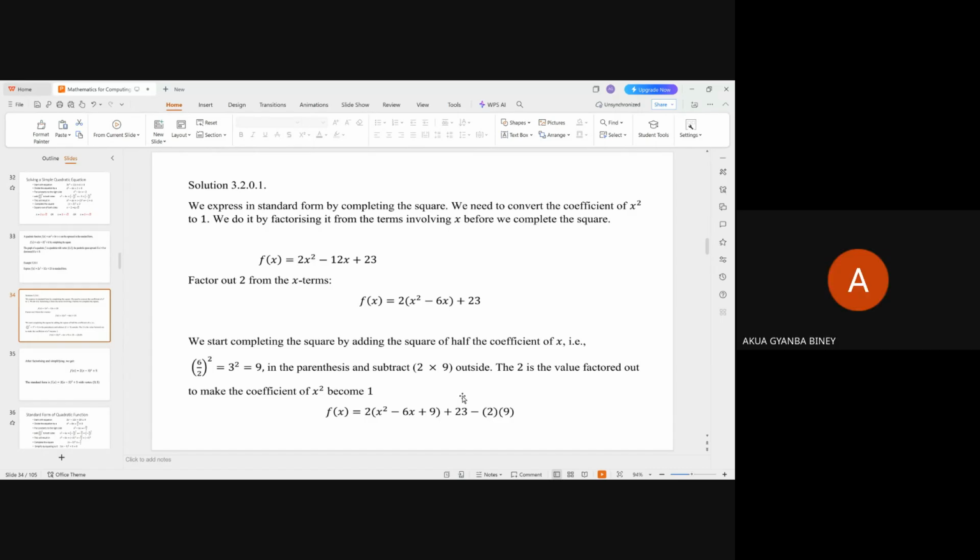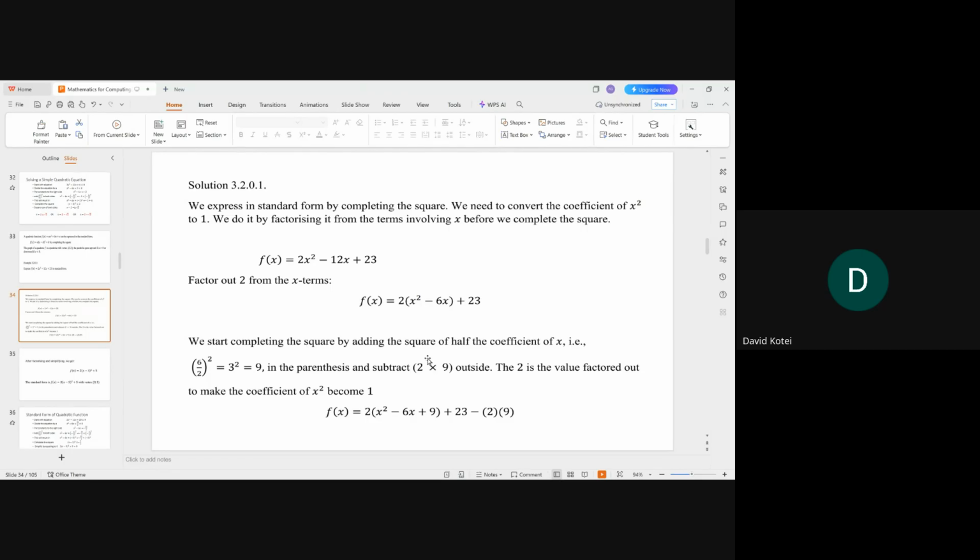I don't know where his 2 is coming from, because if we were to factor, madam, it seems the 2 is outside the parentheses and it's affecting everything inside the bracket.